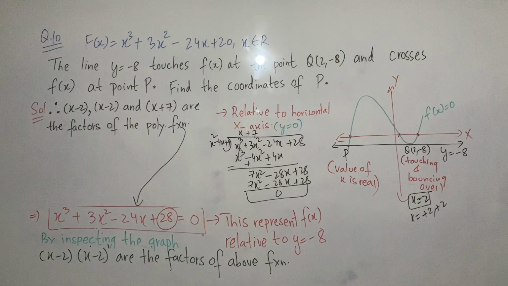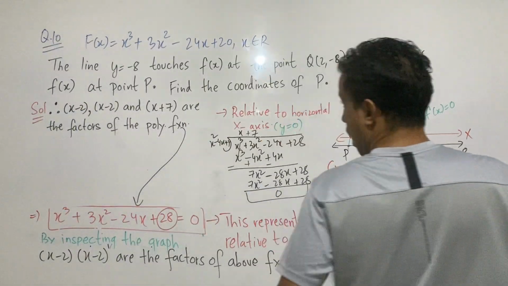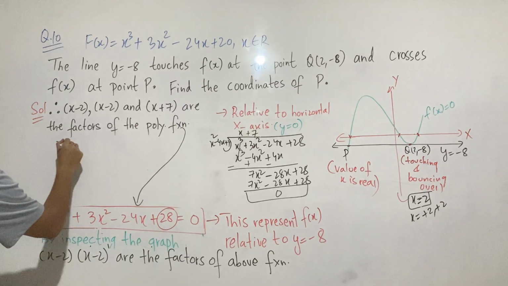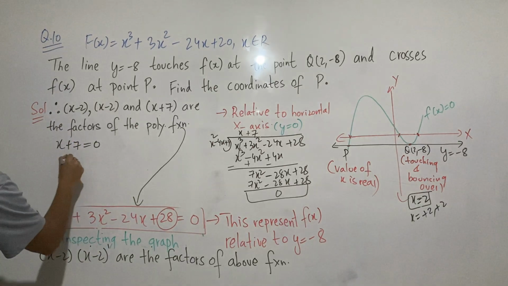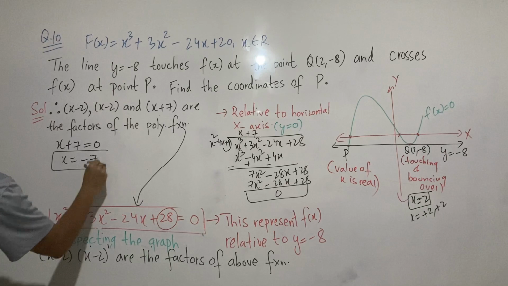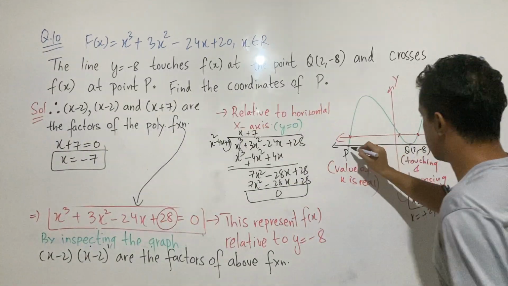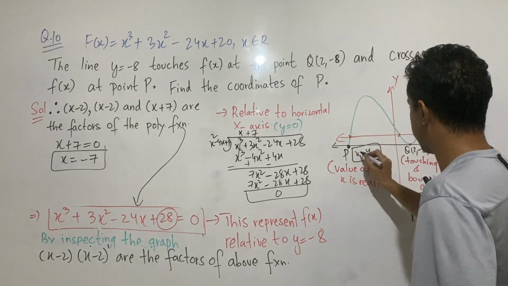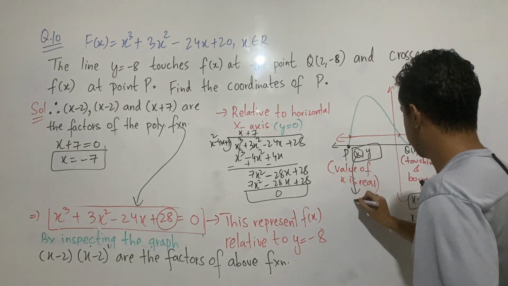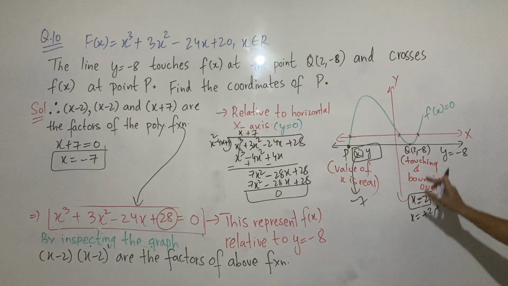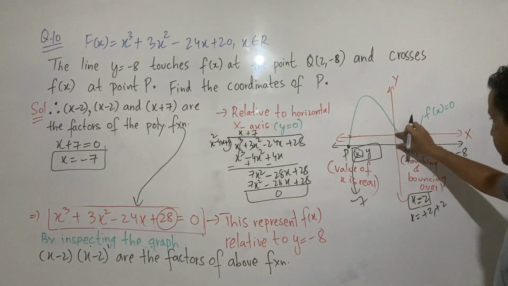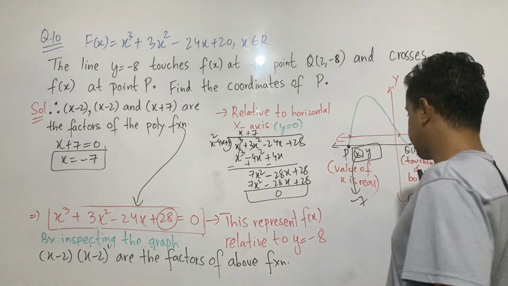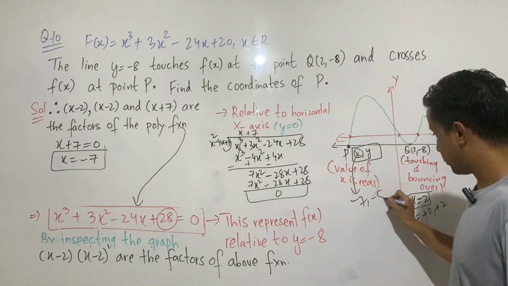Which polynomial function? This function. Okay, so x plus 7 equals 0 means x is going to be minus 7, means here the x coordinate is going to be minus 7, and the y coordinate is given, because this line is y equals -8, it means the y coordinate is -8.